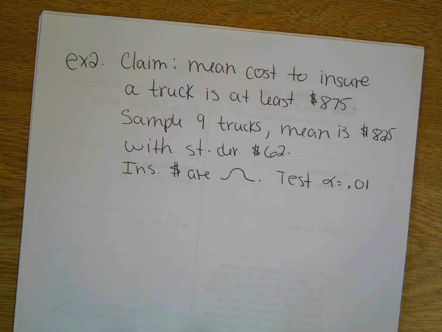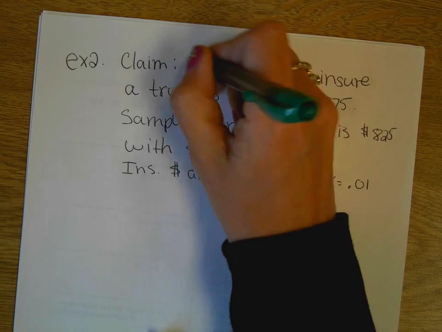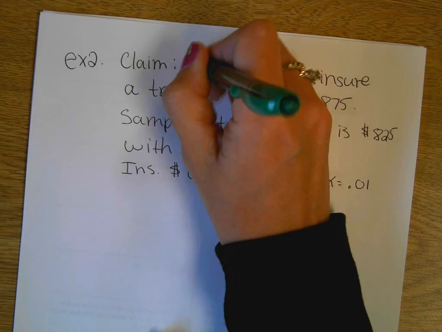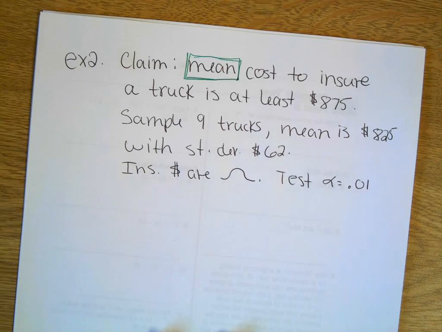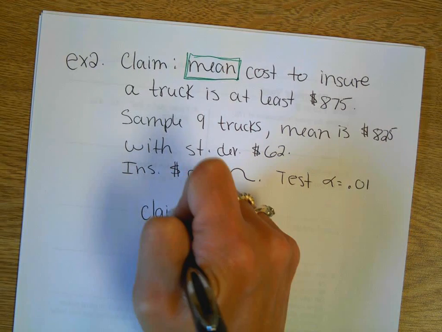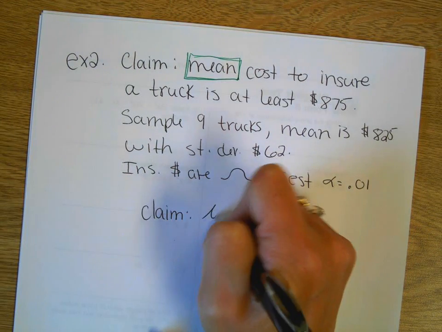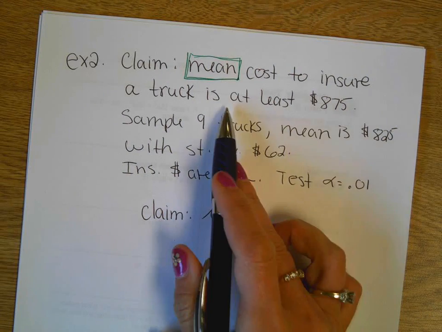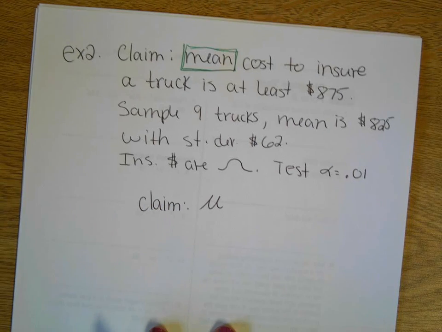Okay, so the claim, again, what variable are we doing statistics on? We are doing the mean cost. So when we rewrite the claim, we want that symbol. Mean cost at least $875.